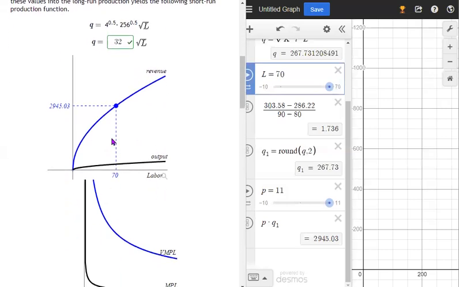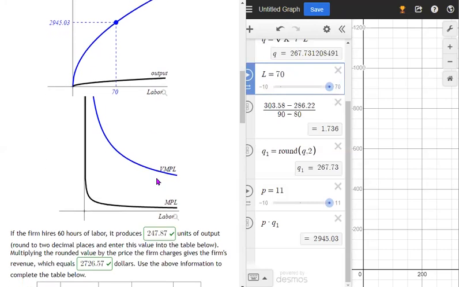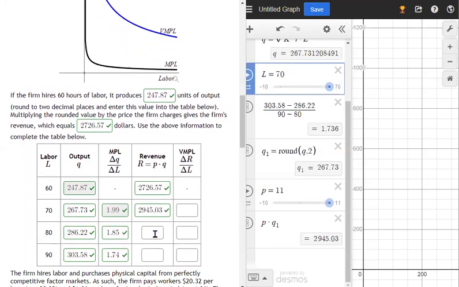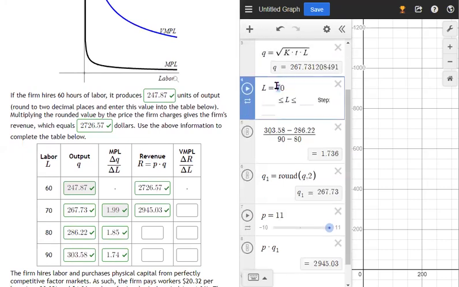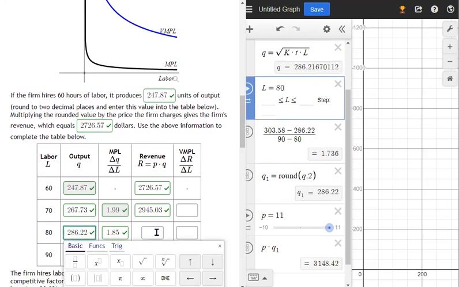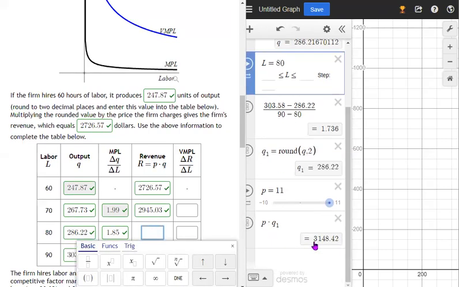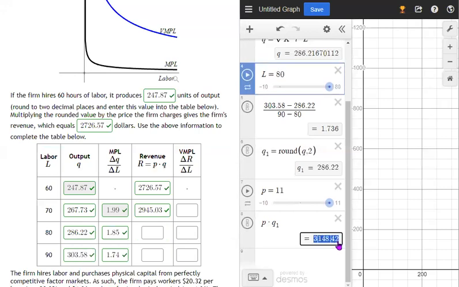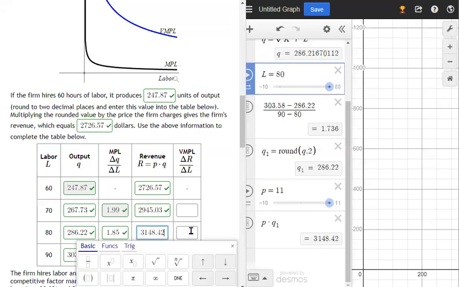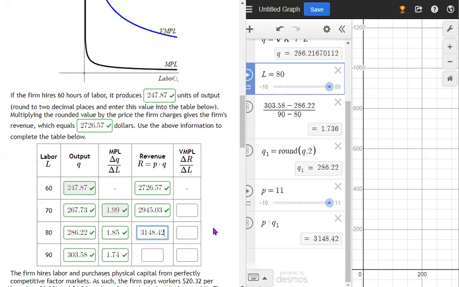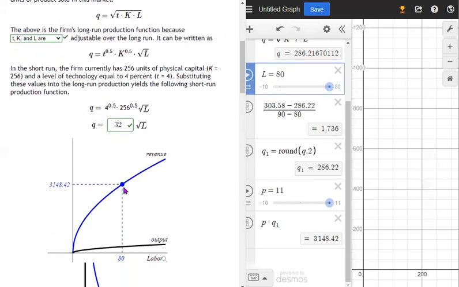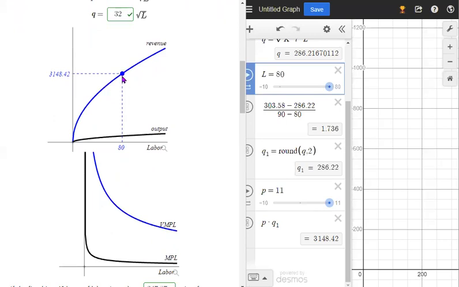Now I'm moving up my revenue curve, right? And then I got to do it for 80. When I define my labor demand to 80, my output can be as high as 286.22, this value, right? Multiplying that by 11 is $3,148.42. When I press enter there, I'm still moving up my revenue curve here.